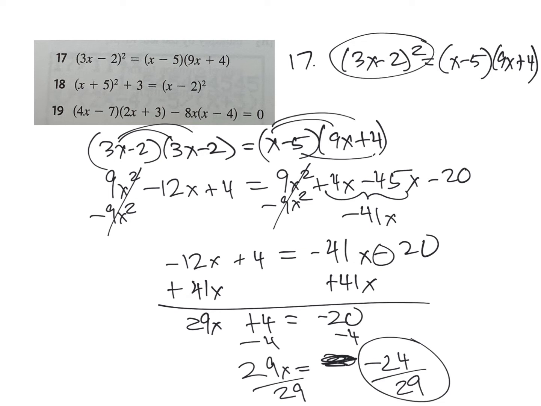Number 19. Again, the same type of thing. 4x minus 7 times 2x plus 3. Go ahead and figure that out. Minus the 8x times x minus 4. Everything's on one side here, so we're just distributing and solving for x.